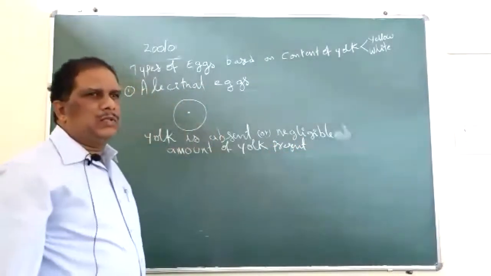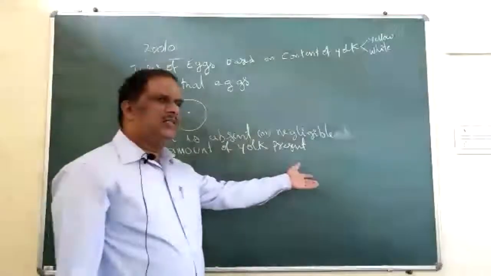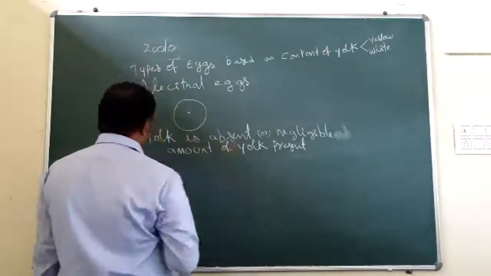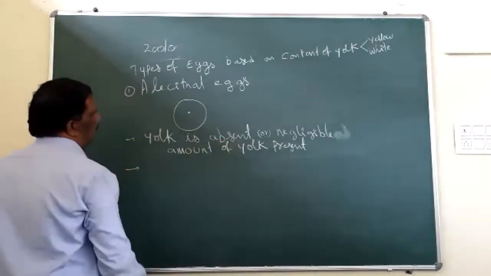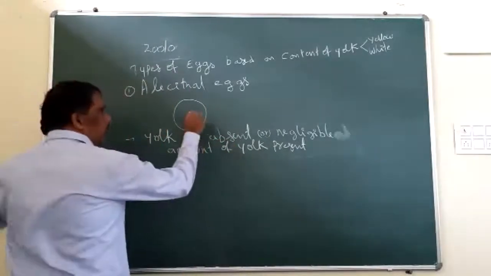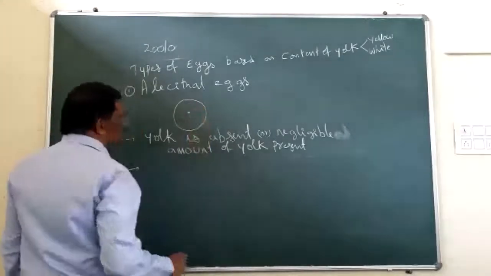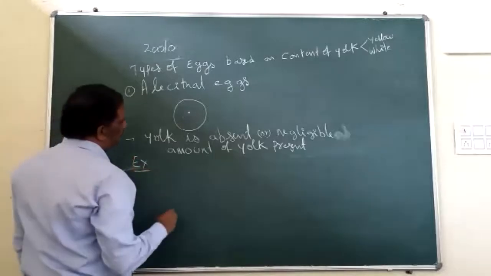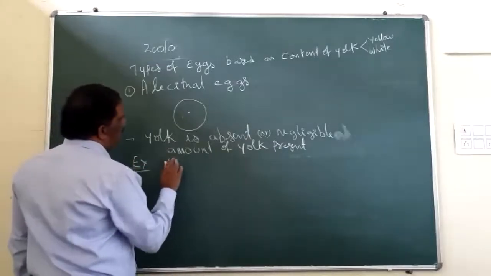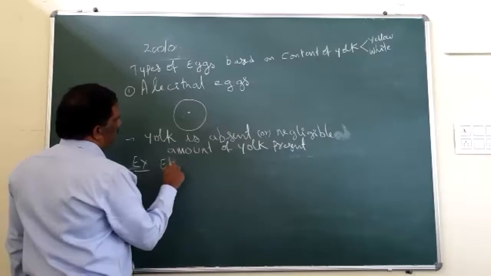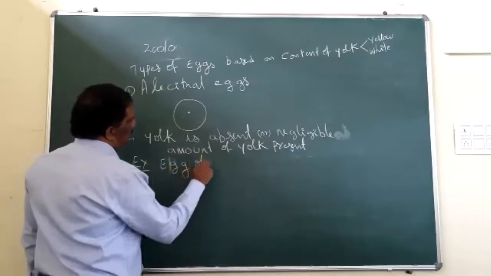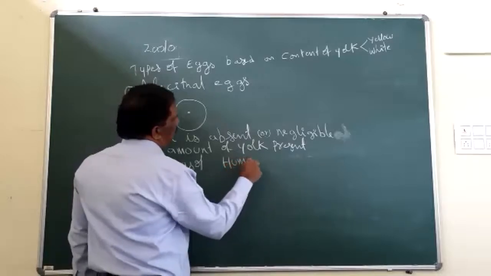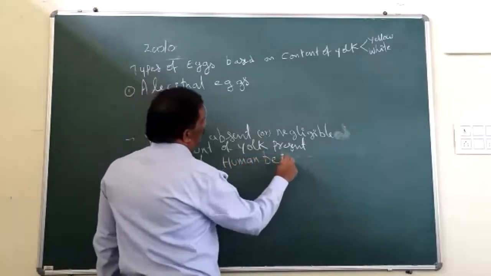Negligible. That means if it is present, it is of no use. Then next one is alecithal eggs, with a negligible amount of yolk. Examples are the eggs of human beings.